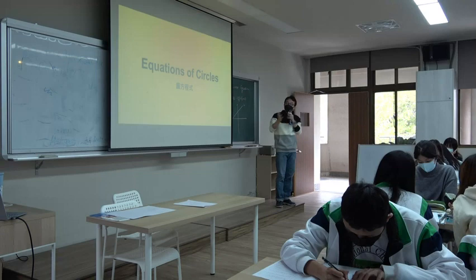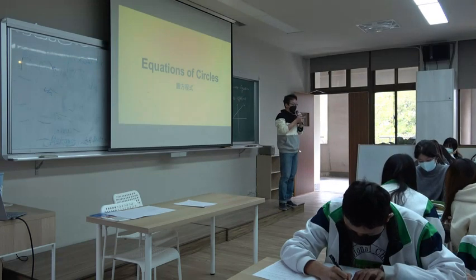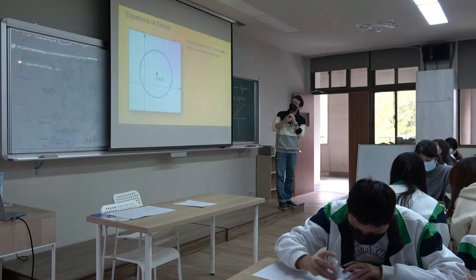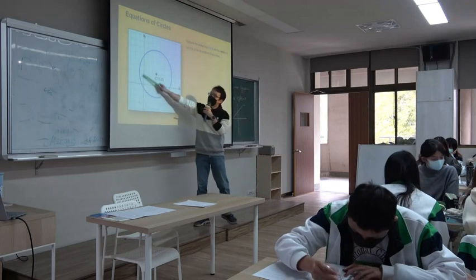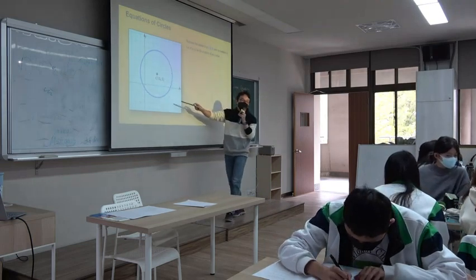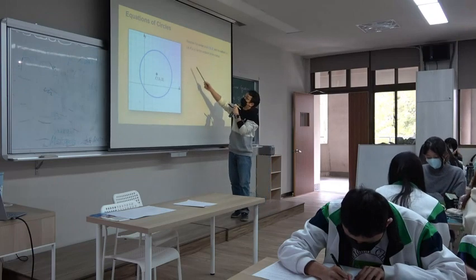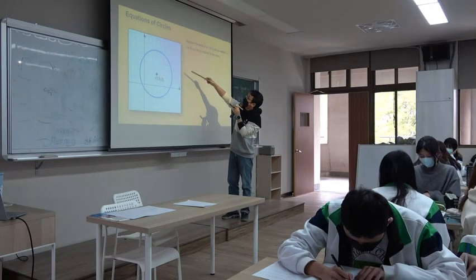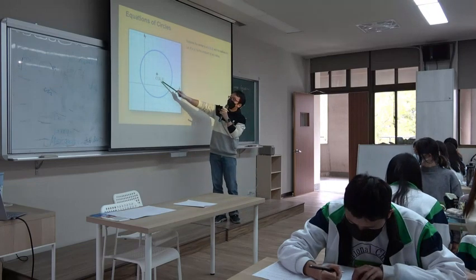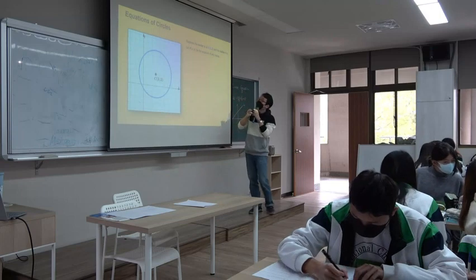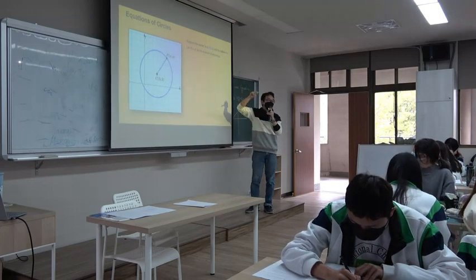We want to find the equations of circles. Okay. For example, here is a circle in the plane. Okay, and suppose the center is at C, (3,2). Okay, and the radius is 4.